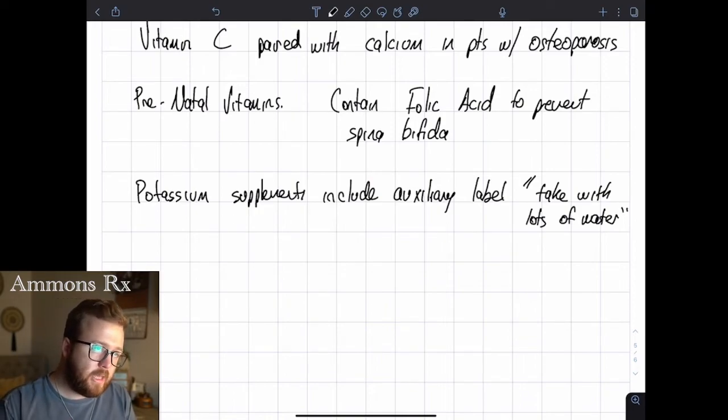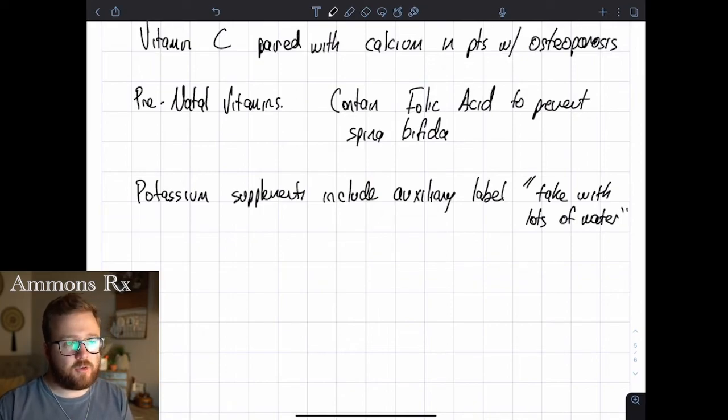So when people take potassium supplements, a lot of times they need to start drinking water with that. They need to take a lot of water with it. Electrolytes, a lot of the times they follow water. So whenever you think of potassium, you should think that the patient should be drinking lots of water. So that could be an auxiliary label that a pharmacist would put on that prescription.